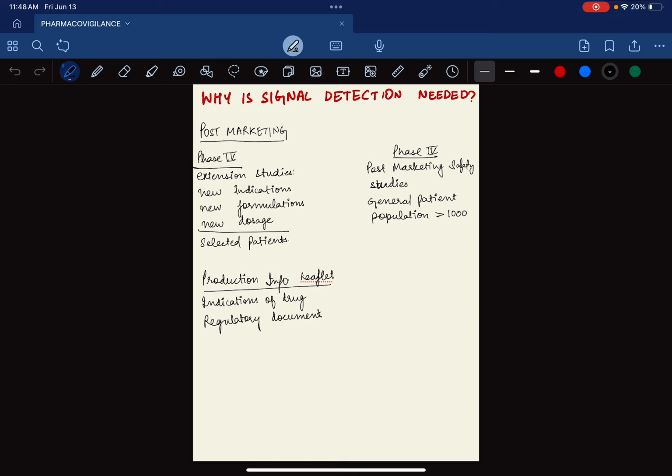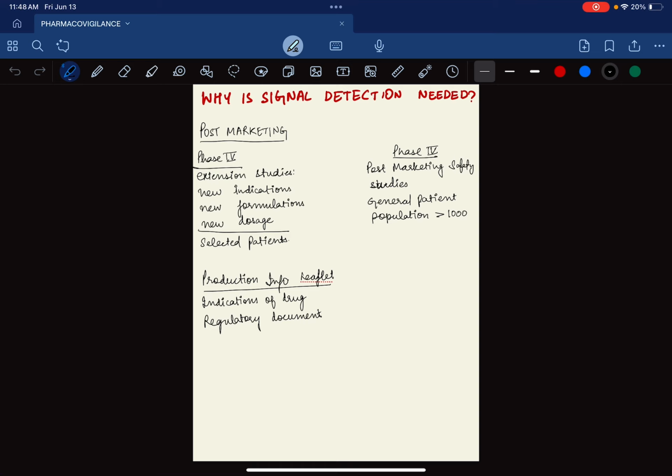So, the scenario is that even if a drug is in the market, it doesn't actually qualify for complete benefits. There is a high risk that the particular drug does have some risks associated with it always. So that is why signal detection is always needed.